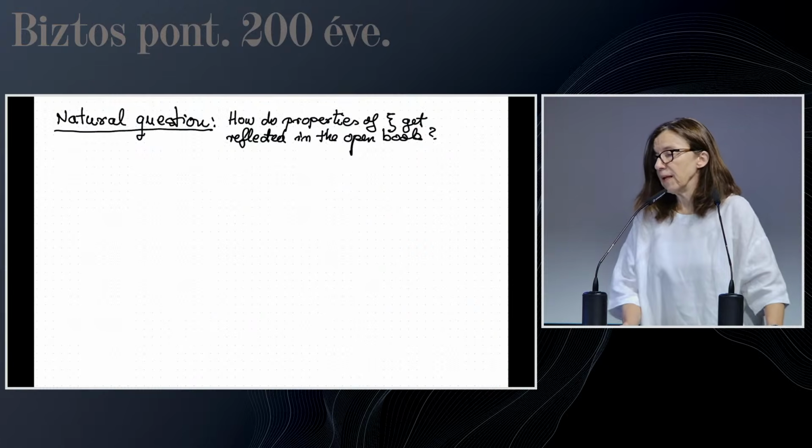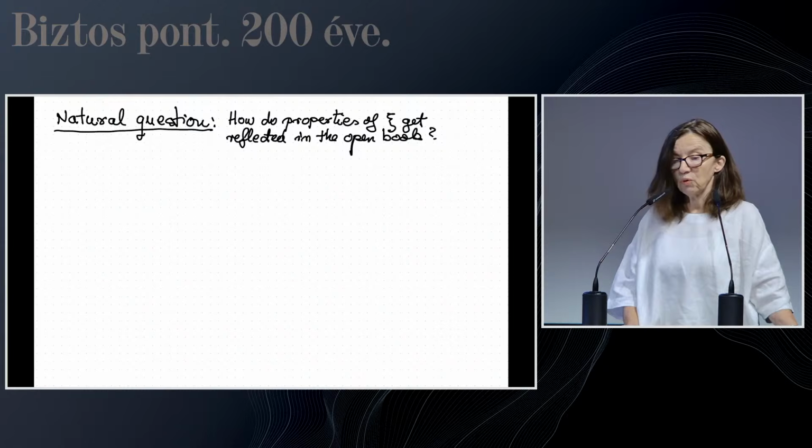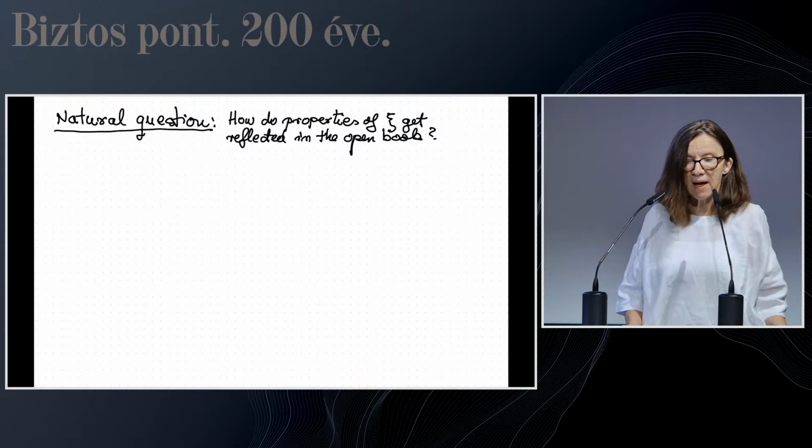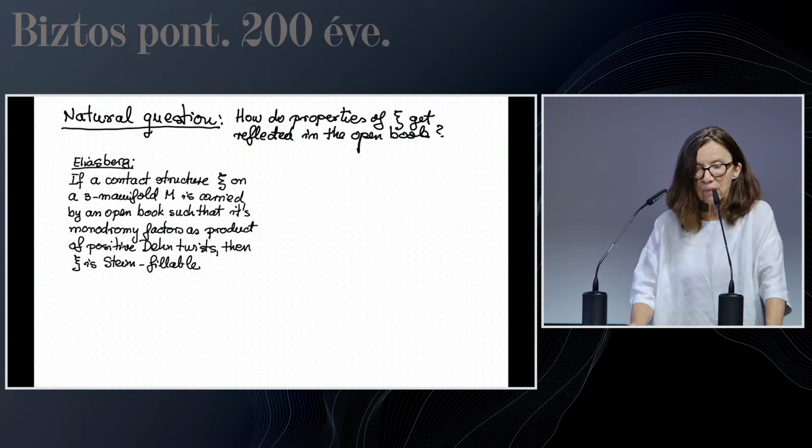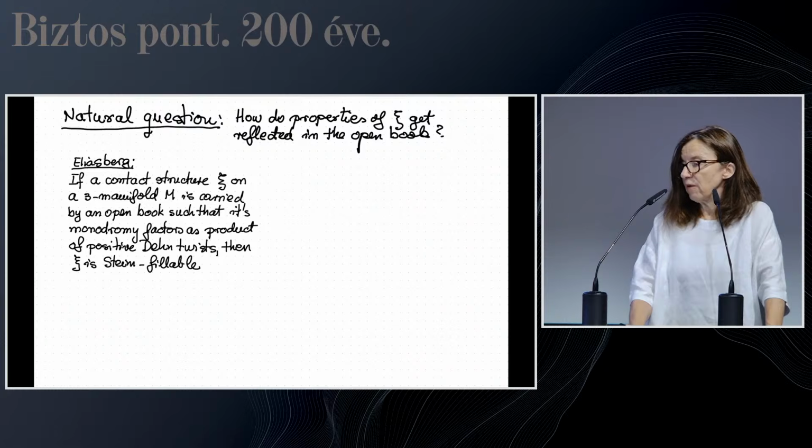So the natural question is to ask how the properties of xi get reflected in the open book. So here's a theorem of Eliashberg that addresses that. If a contact structure xi on a three-manifold M is carried by an open book such that its monodromy factors as a product of positive Dehn twists, then xi is Stein fillable.